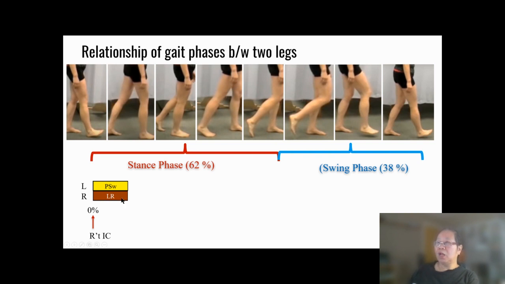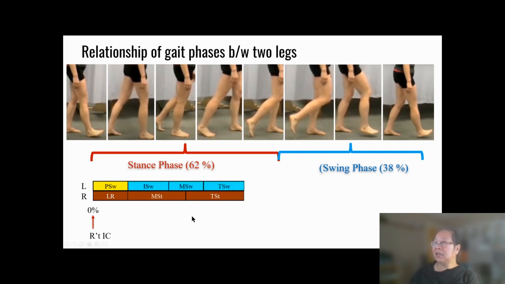It will go into loading, and then the left side will go into pre-swing. Then the right side goes into mid stance and terminal stance. There's a single support, so the right side is in single stance. At the same time, the left side is going through the initial swing, mid swing until terminal swing.